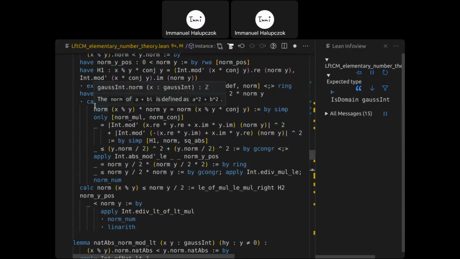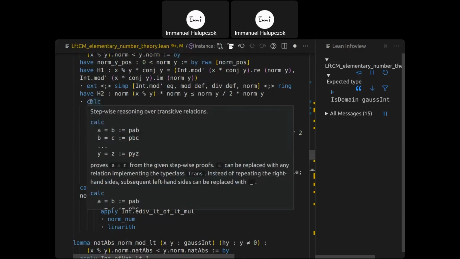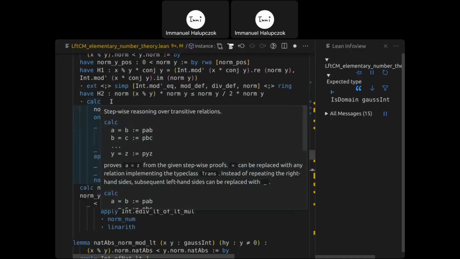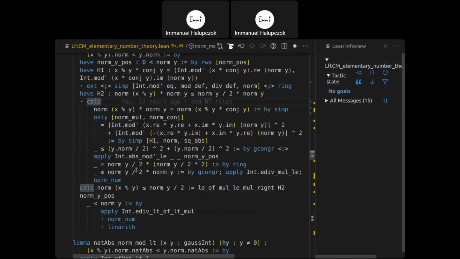Like divisibility or something? Good question. This says a stepwise reasoning over transitive relations. I think I've only seen this with equalities and inequalities, but maybe you can use it more generally. I don't know.